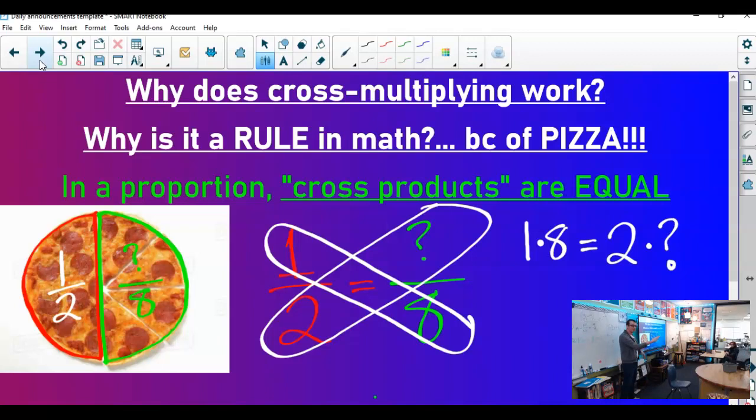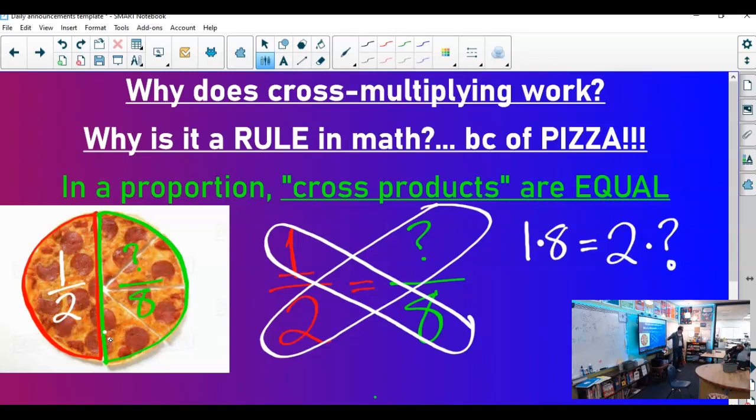Miss Martin's got a bit more class than I do, and she might decide that she's going to cut hers into slices, but she still has half the pizza, right? Because we're splitting it. If we cut this into these slices, how many slices did Miss Martin get? 4. And each of those slices is an 1/8, because 4/8 equals 1/2.